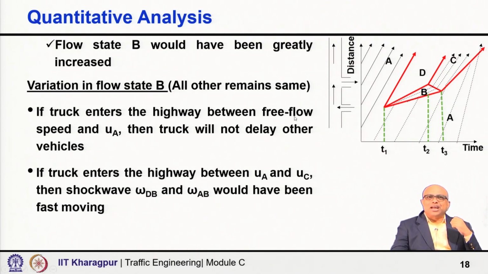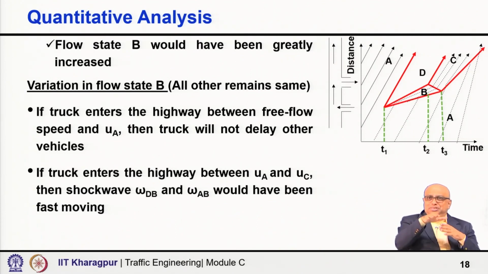If the truck enters the highway between free flow speed and UA, the speed of traffic state A, so the truck enters at a speed which is either equal to the speed of the traffic stream which is moving, UA, or higher, where the maximum limit could be the free flow speed. Then what will happen? Then the truck will not delay any other vehicles.